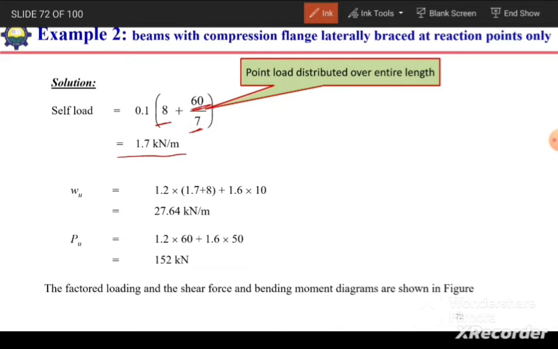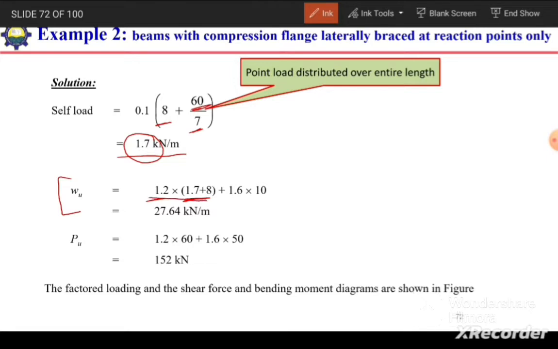After calculating the self weight, we need to calculate the factored load. As two different types of loading are acting on the beam, uniformly distributed and point load, we can calculate the factored load separately for uniformly distributed load and point load. So 1.2 times the uniformly distributed load, and this self weight will be considered in the uniformly distributed load because self weight acts over the entire length of the beam.